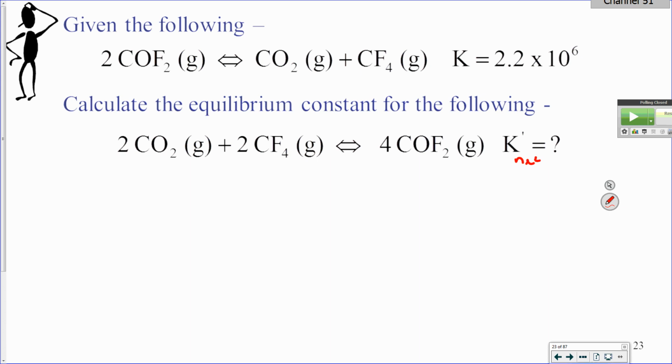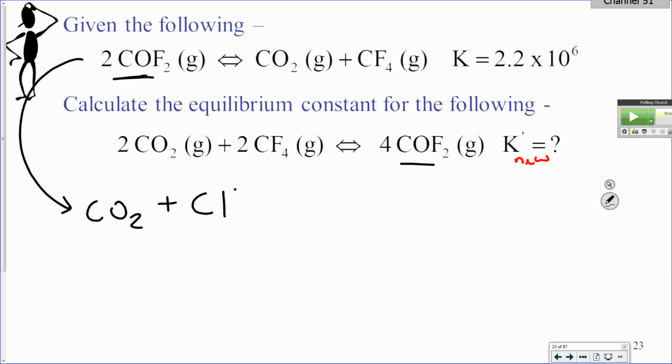4 COF2s. And that's going to be my K new, if you want to think about it. All right, what's the relationship between the two things? It's the reverse. That's part of it, because what was a reactant on one side is now a product on the other side. So I know I'm going to need to spin it around. If I spin this around and invert it, I'll get CO2 plus CF4, and they're all gas phase, so I'm not writing the phases in there.